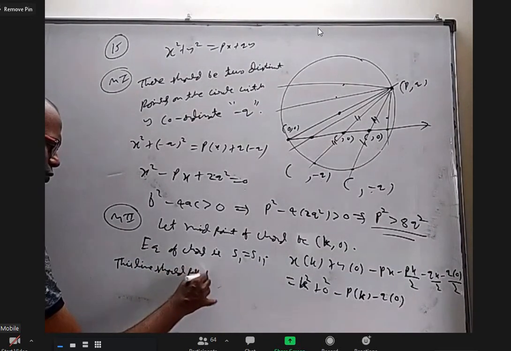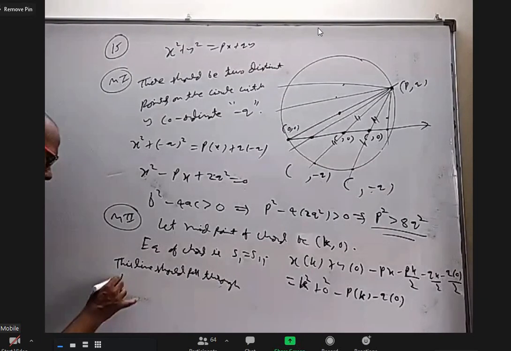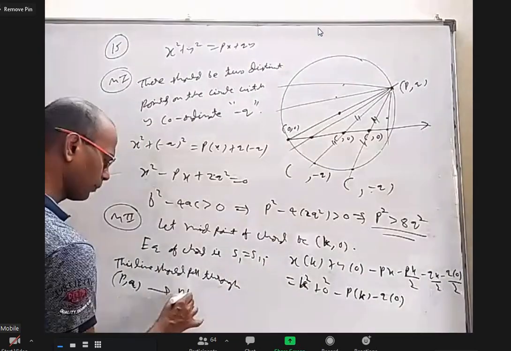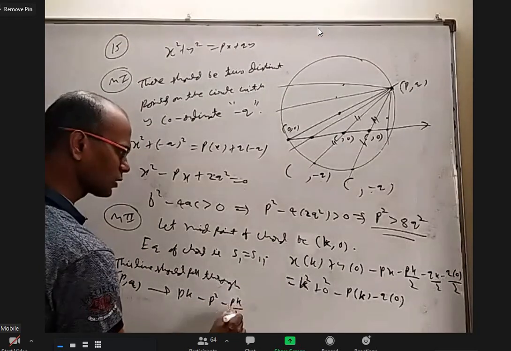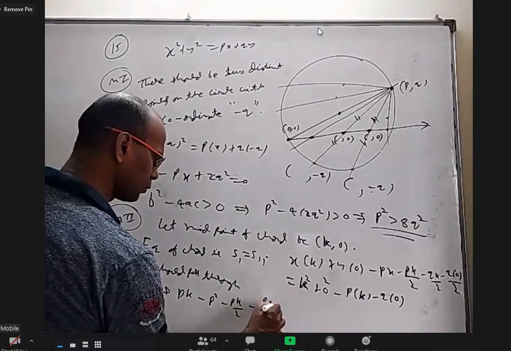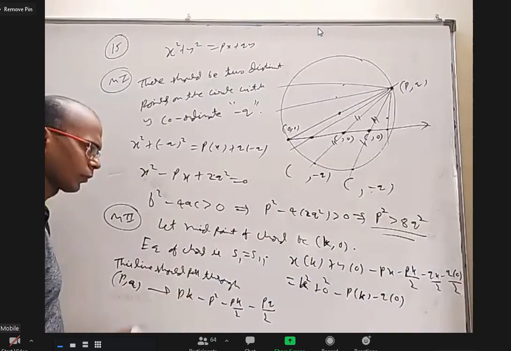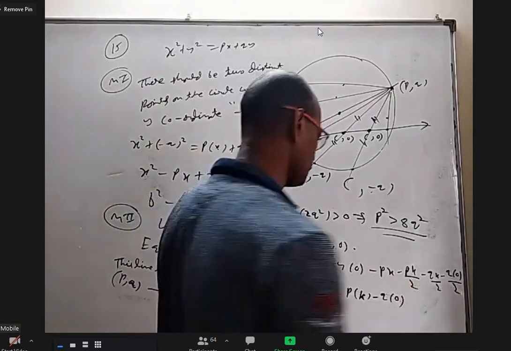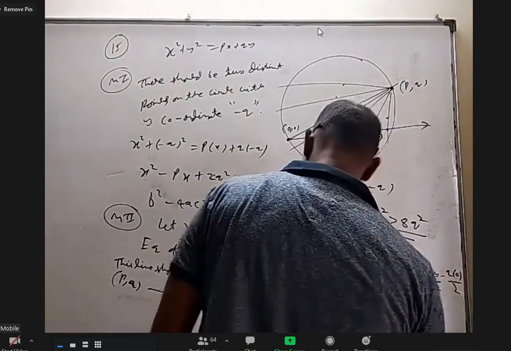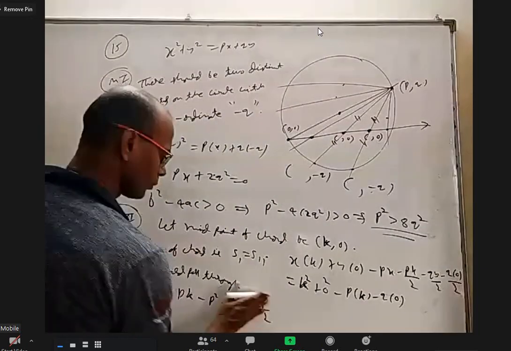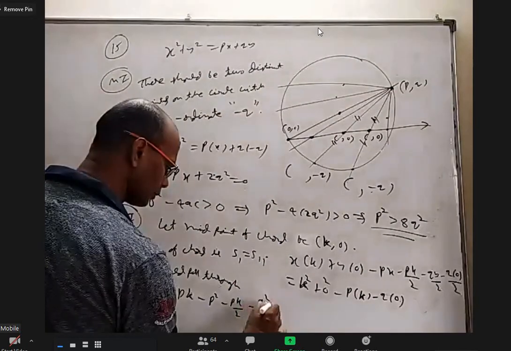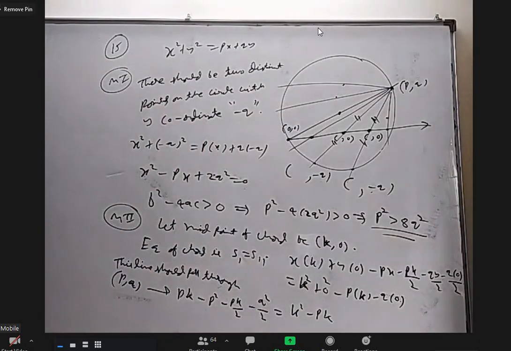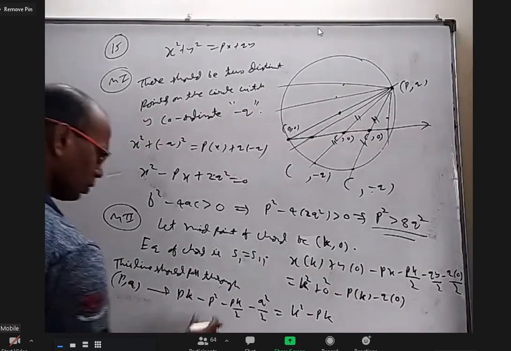This line should pass through (p, q). As it is, if I substitute p here, pk minus p square minus pk by 2 minus pq by 2, and q square. Here k square minus p. This is a quadratic equation.